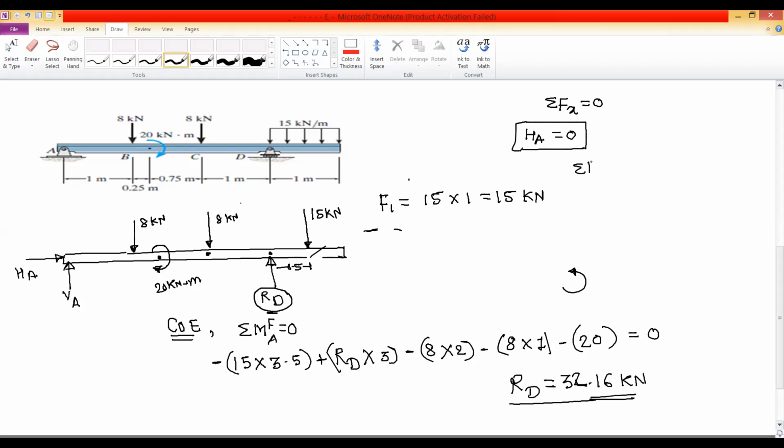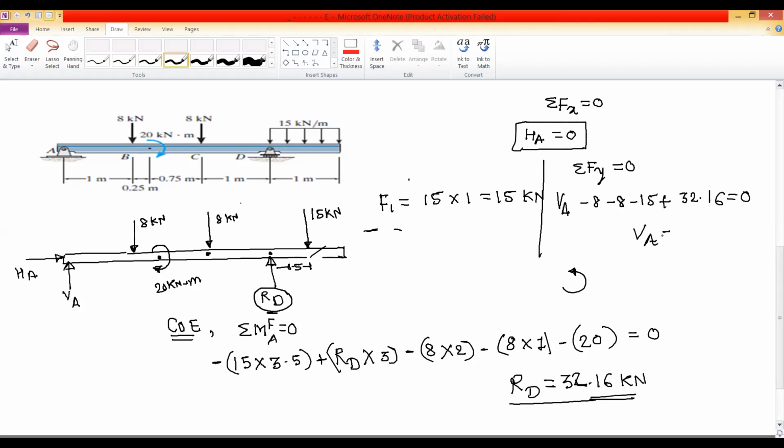Then use summation of Fy is equal to 0. For summation Fy, take VA, which is positive, minus 8, minus 8, minus 15, plus reaction RD, which is 32.16. It is equal to 0.